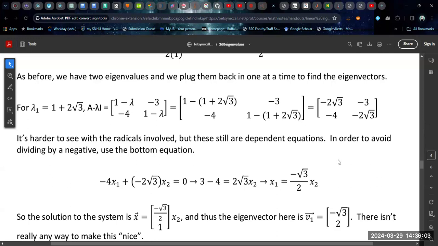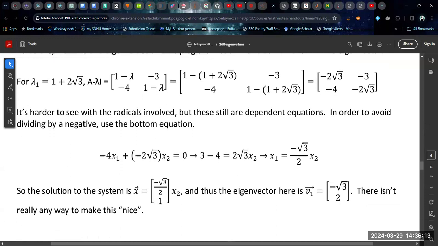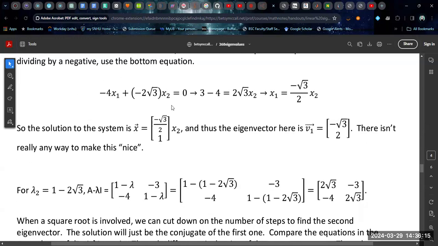But we're going to just take one of these equations, and I'm going to choose the bottom equation so that I don't have to divide by a square root. So here I'm going to take my negative 4x1 minus 2 square root of 3 x2.